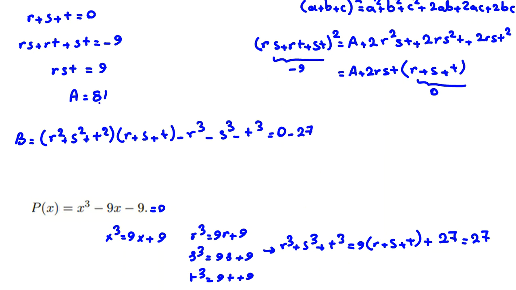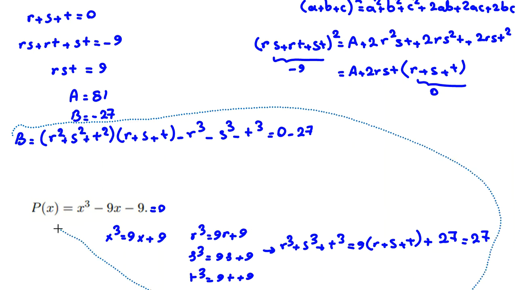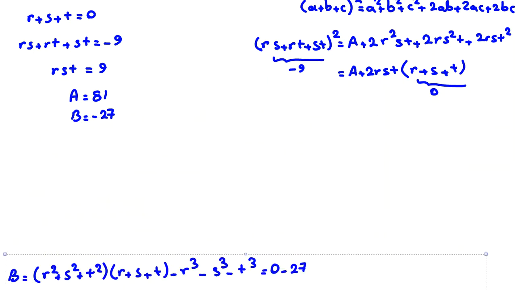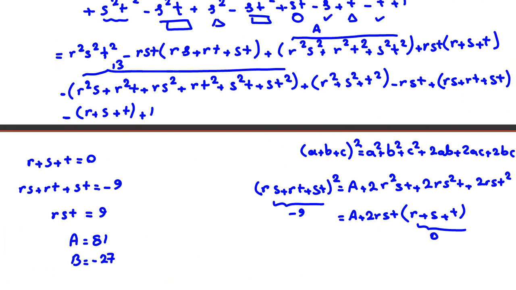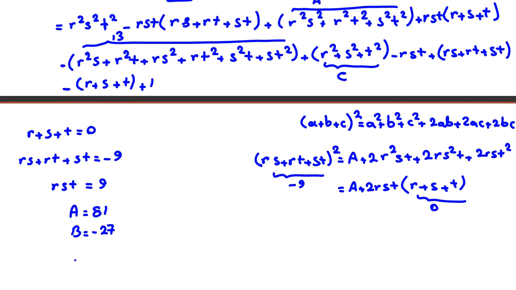We've calculated this part, and B equals negative 27. Let's move on. We've calculated B. This is the last term we should calculate.